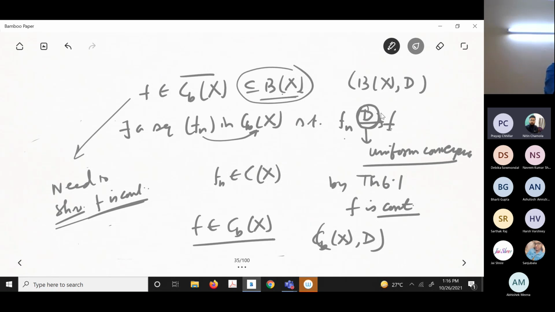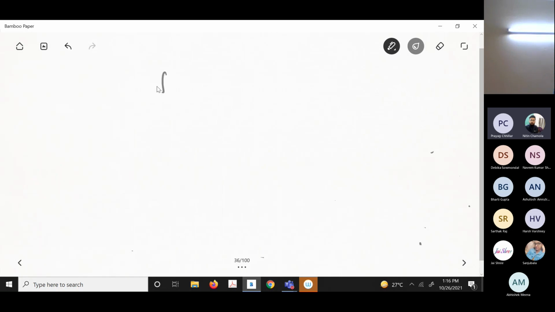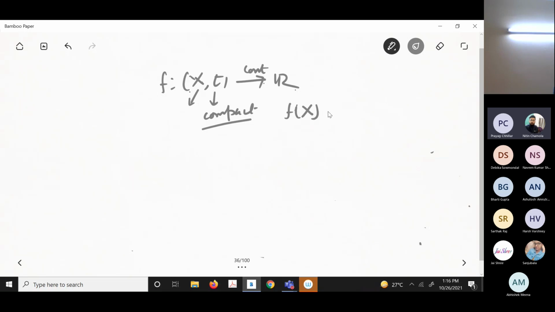Okay, and corollary 6.3, immediately look. Last week I taught you that if you have a continuous function and at the same time this tau is a compact topological space, then f(X), the continuous image of a compact set, is compact in R. I did that last week. But in a metric space, every compact subset is closed and bounded.